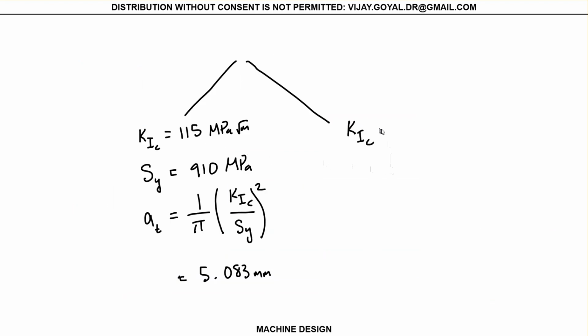Okay, so this value is 55 megapascals square root of m. Sigma yield will be 1035 megapascals.